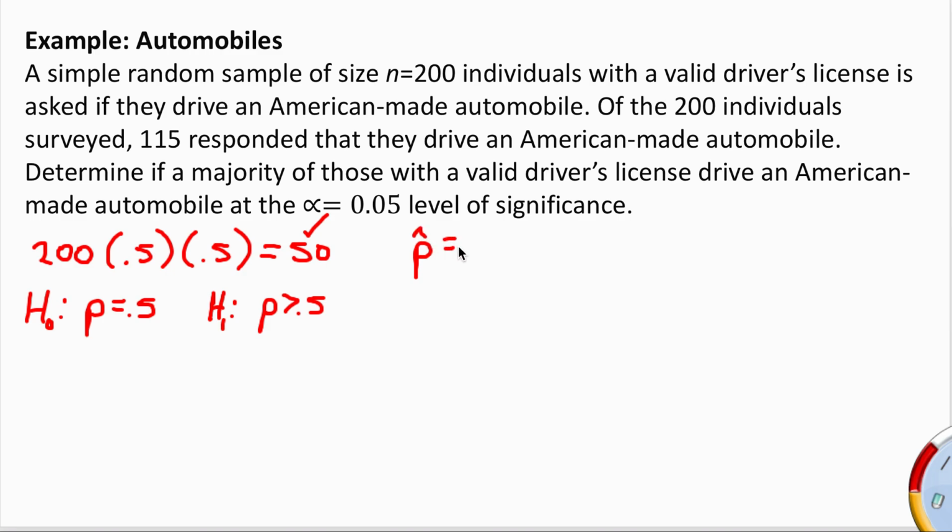Because it's a proportion, we need our p hat, which is 115 out of 200, or 0.575.